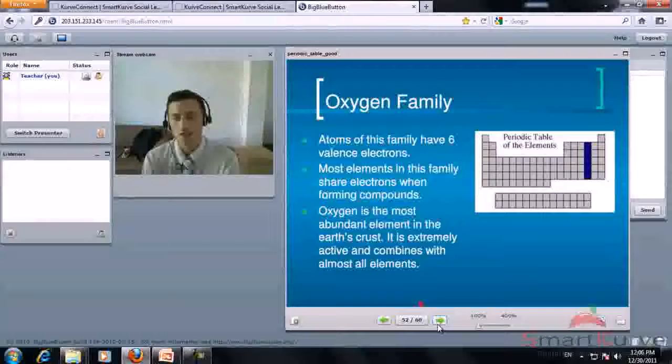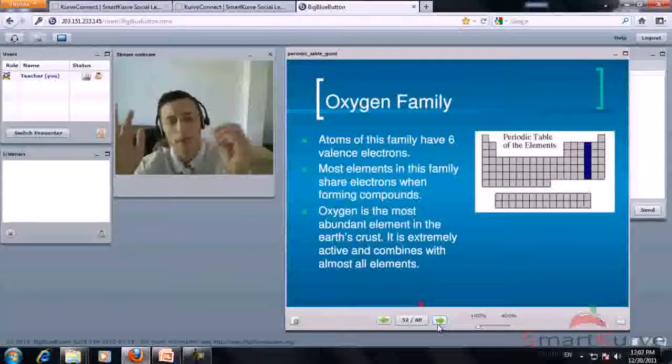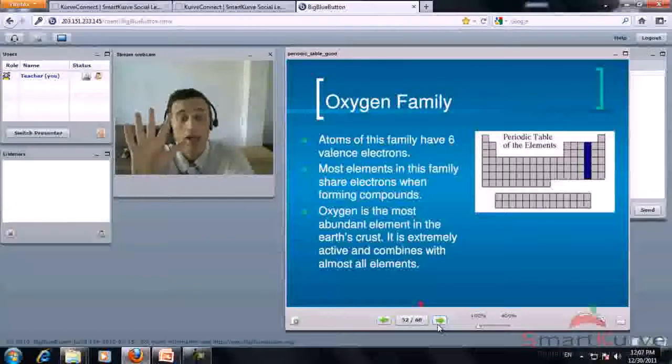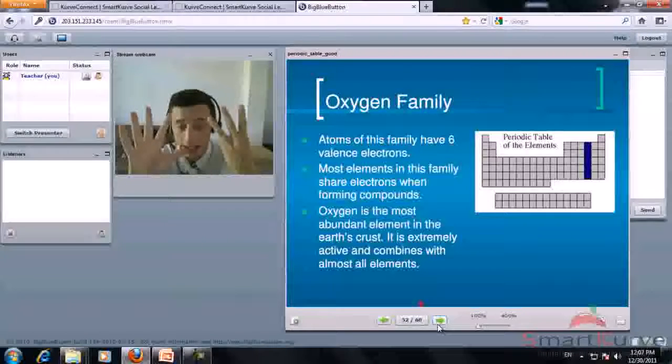The oxygen family, they have 6 valence electrons. Now remember, nitrogen has 5 valence electrons, and so it wants to form bonds with 3 hydrogen atoms to make 8.